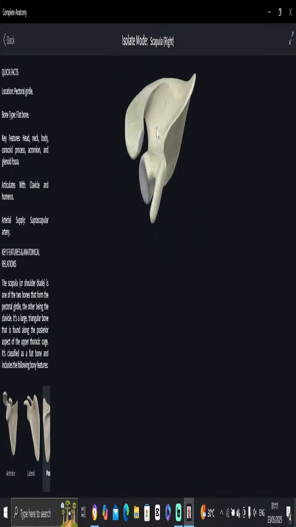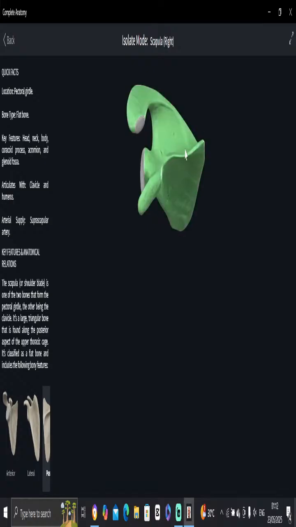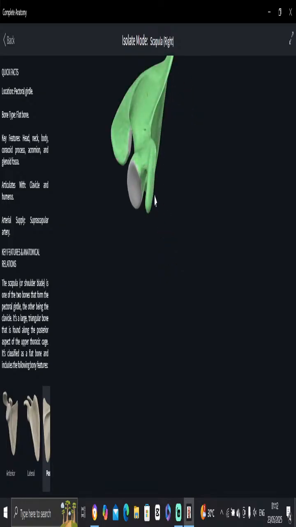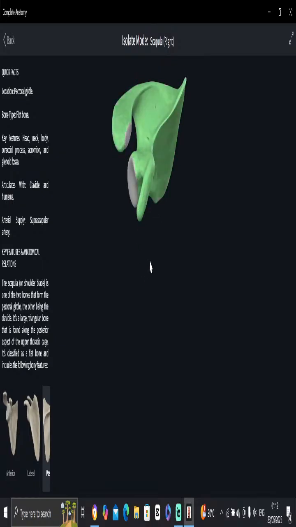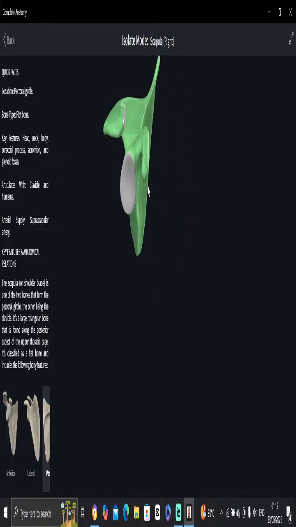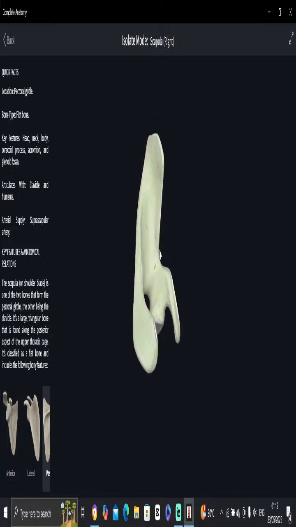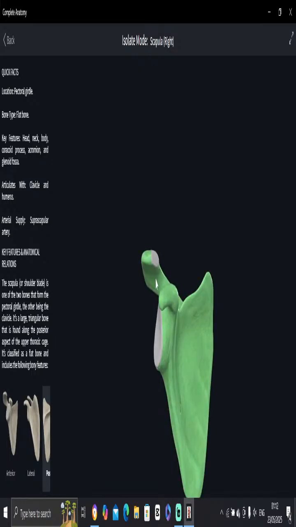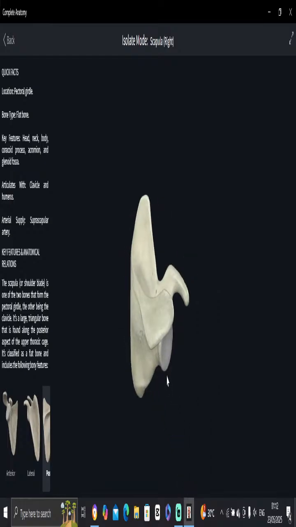Those processes serve to increase the surface area of that part of the bone. The coracoid process serves as an attachment point for important structures like the short head of biceps, the coracobrachialis, and the coracoclavicular ligament.